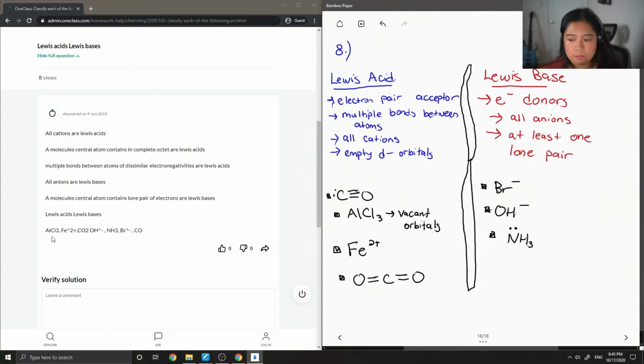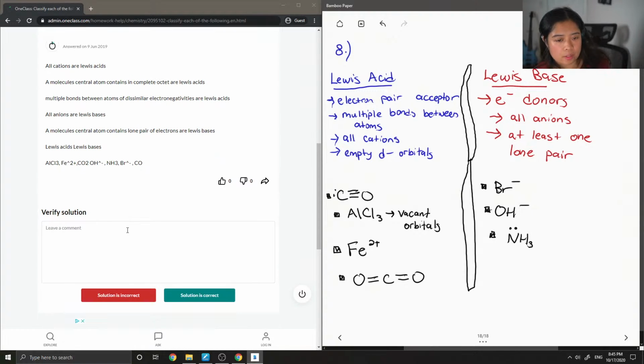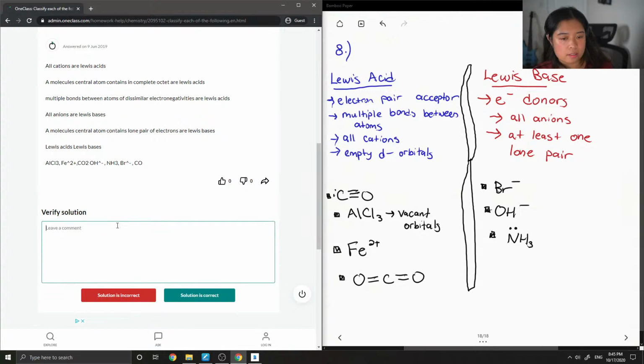And then they wrote it out. They have this is a Lewis acid, Lewis acid, Lewis acid. I don't know where the Lewis bases start, but I guess it starts here. So it's kind of partially correct.